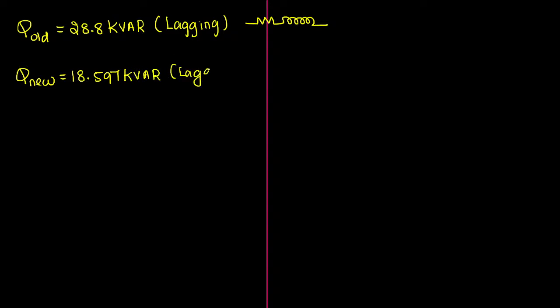Why it is lagging, sir? See, we have connected the capacitor. Because of that capacitor bank, power factor just improved 0.1. It means reactive power consumed by the network is decreasing. The moment the reactive power consumed by the network is decreasing, automatically power factor offered by the circuit will be increasing. Understand this point.